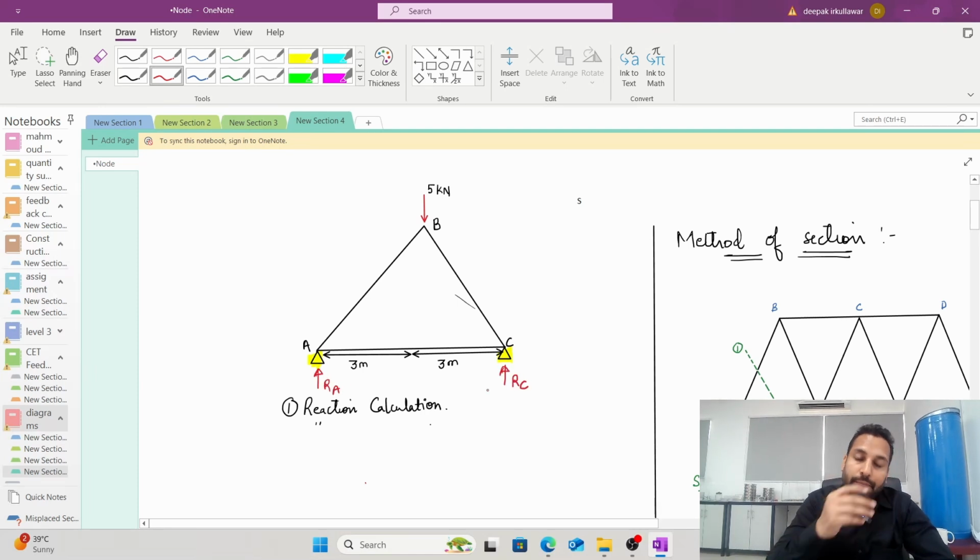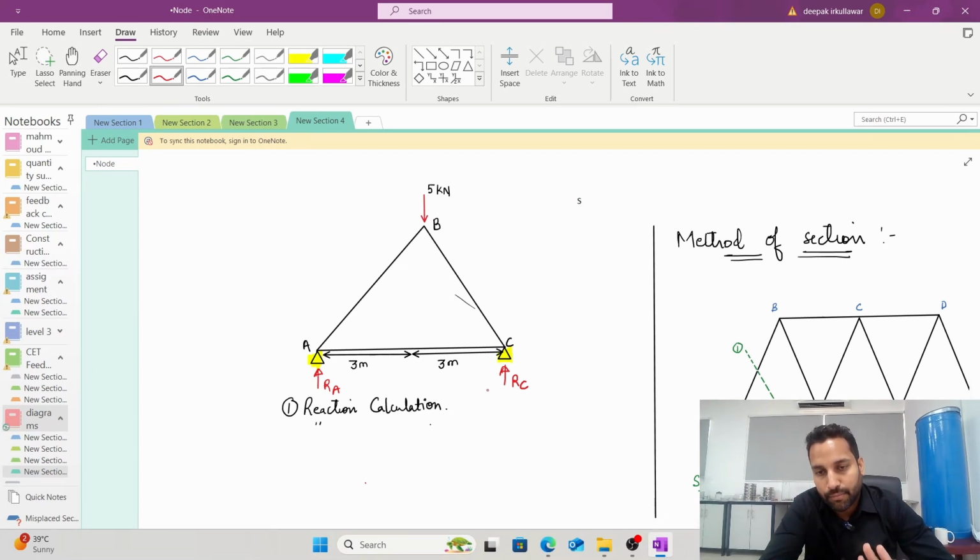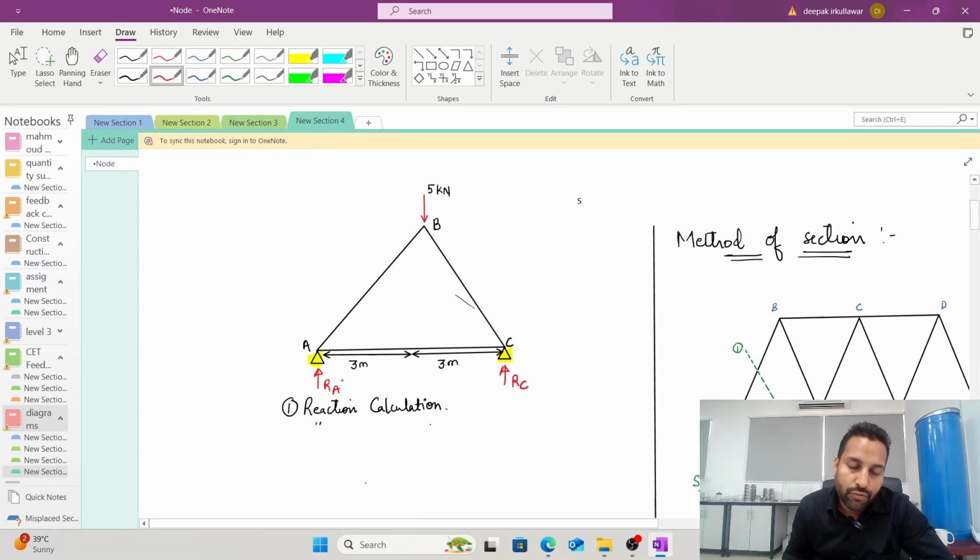For the first step in solving by the method of joints or the method of sections, you can take any one of these methods to solve for the forces in the members. I will teach you both the methods. To solve by this method, the first and foremost thing you are supposed to do is to find the reactions, that is RA and RC. To find the reactions, you have to go through the equilibrium equations.